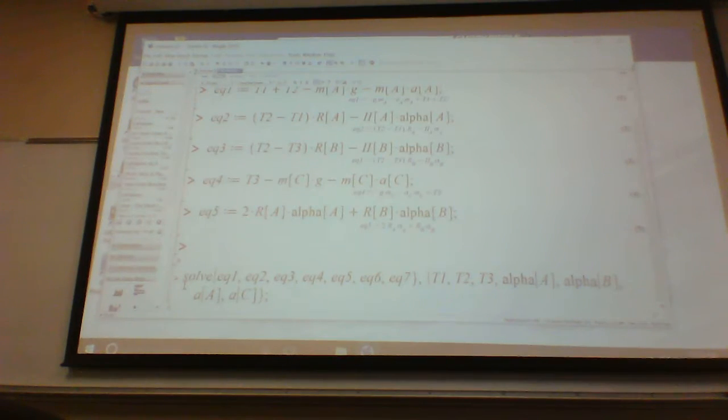So let's go back to the home computer, here on the monitor. No, this is not going anywhere. All right.